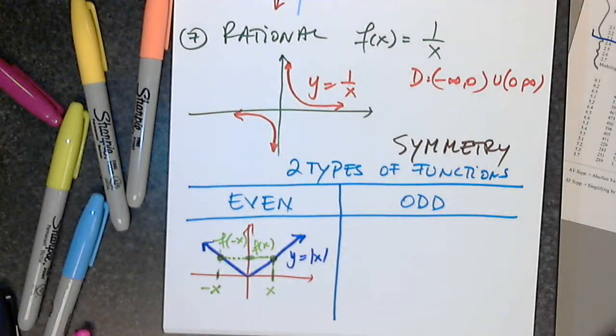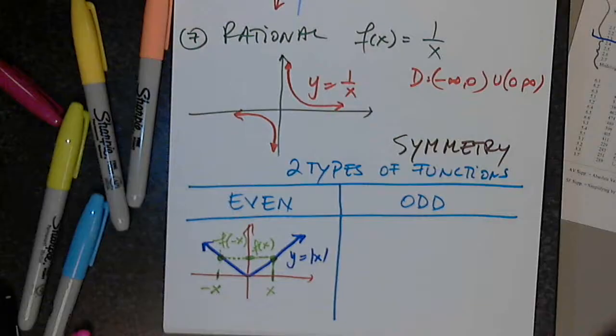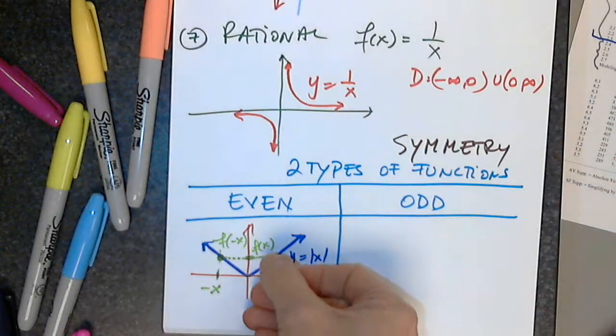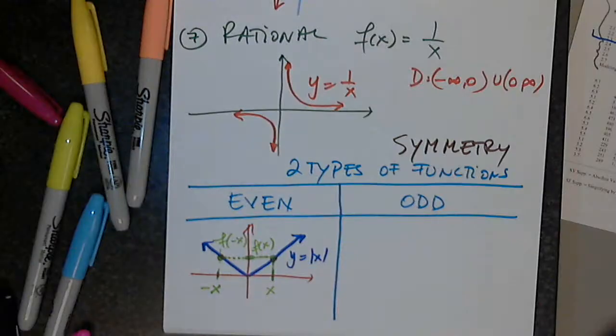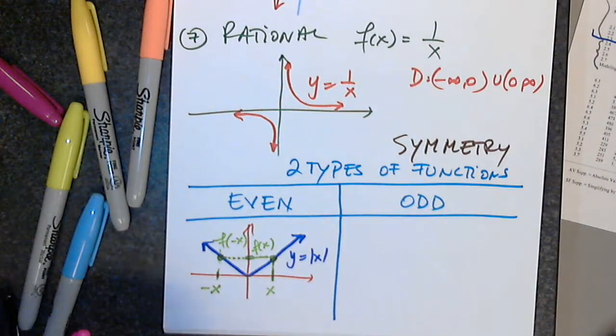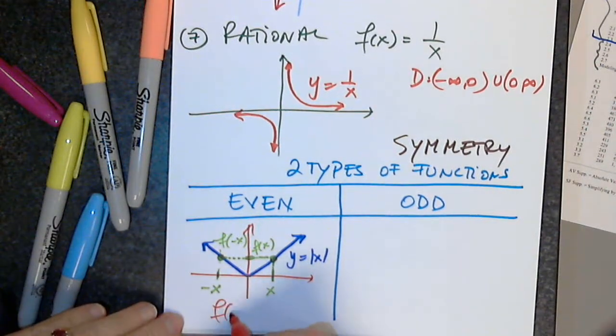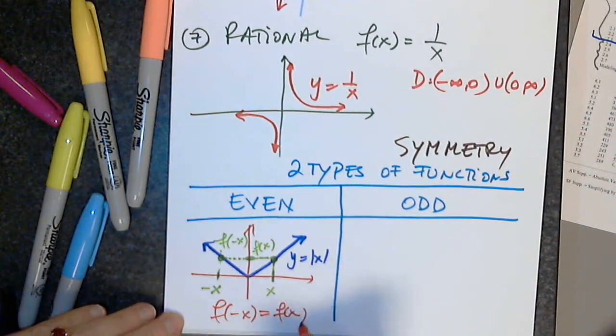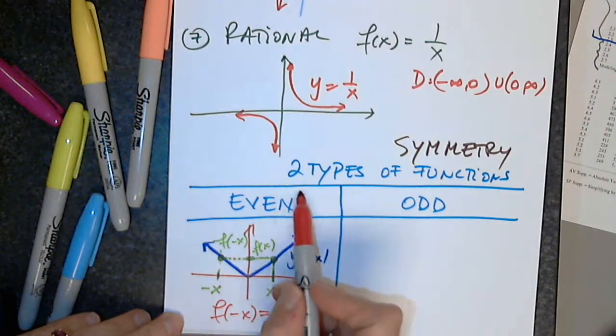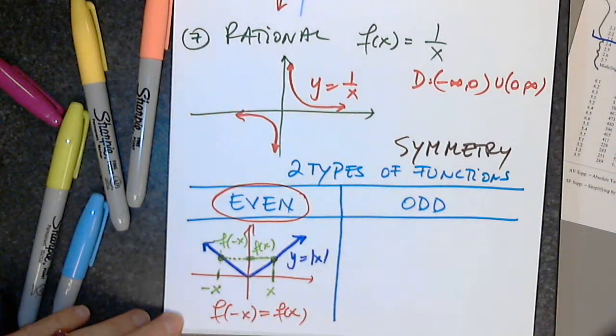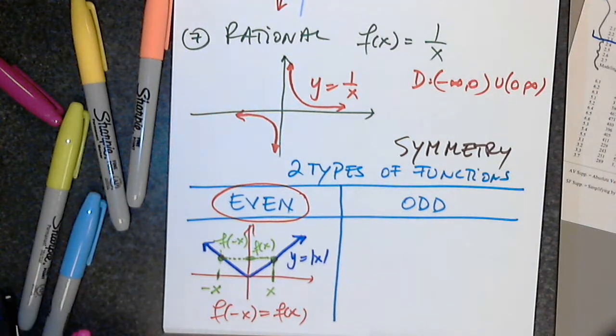For any negative x, I get f of negative x. Good. So obviously, what do you conclude by looking at the graph? What do you conclude about the relationship between f of x and f of negative x? Yes. So f of negative x equals f of x only when the function is even and its graph is symmetric with respect to?